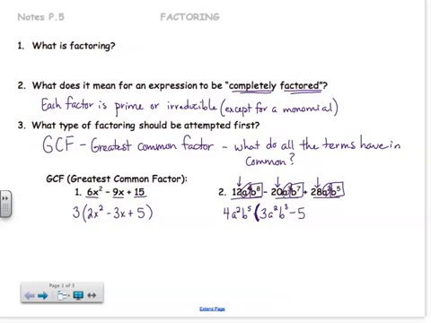A to the 3rd divided by a squared is a. B to the 7th divided by b to the 5th is b squared. Again, subtracting your exponents when you divide. 28 divided by 4 is 7. A squared divided by a squared is 1. B to the 5th divided by b to the 5th is 1. So that would be my factored form.